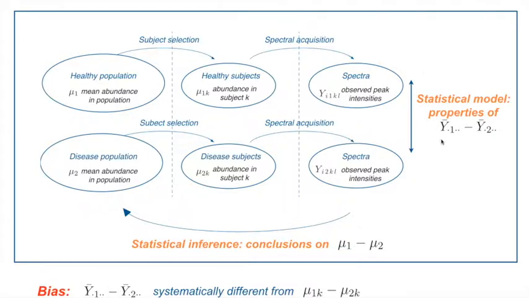So this is some summary of protein abundance in group 1, and this is some summary of protein abundance in group 2. The process of statistical inference is to take what we see and use it to make conclusions about what we want to know. Just to remind you, the dangers were bias, where this was systematically different from this, and inefficiency, where this has too much nuisance variation so that we cannot make useful statements about that. This is really how the thinking goes.